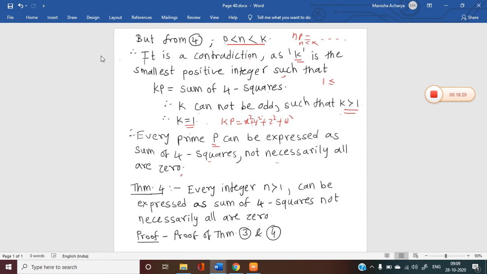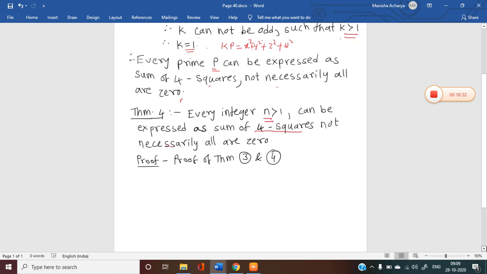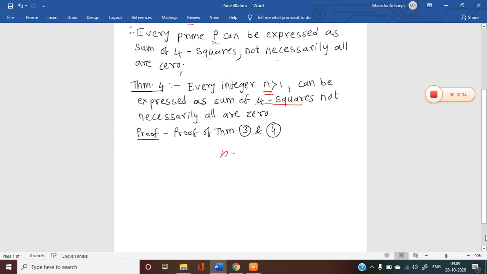Okay, now from this result, we get theorem 4, that every integer n can be expressed as sum of 4 squares, not necessarily all are 0, because every integer n we can write as a product of prime numbers. Okay, so when we write it as a product of prime numbers, these primes may be distinct, may not be distinct, but then we know that each prime can be expressed as sum of 4 squares.